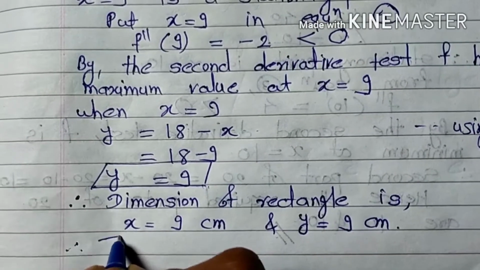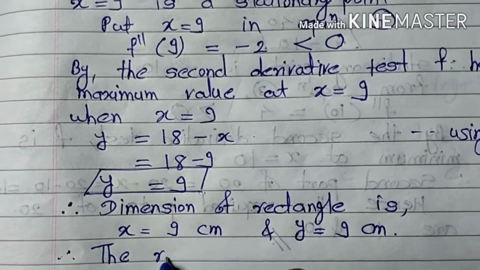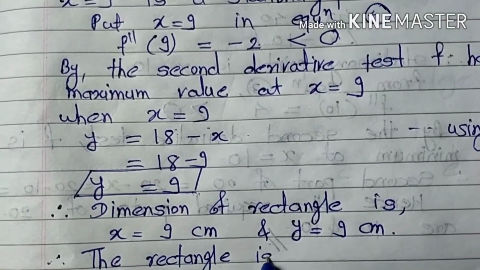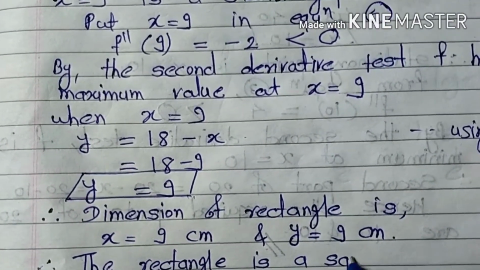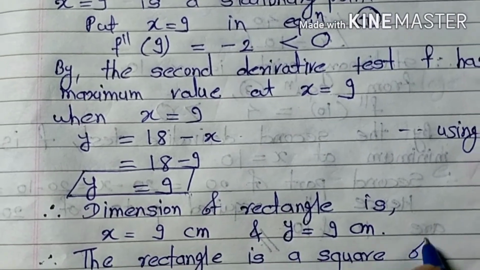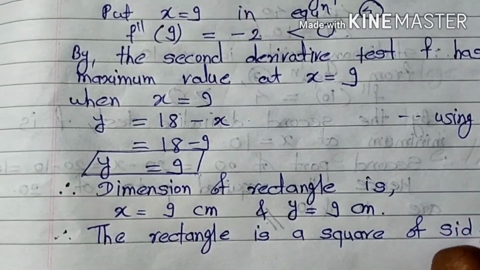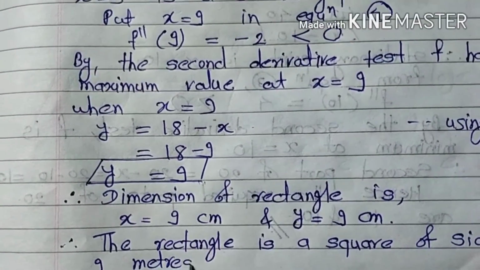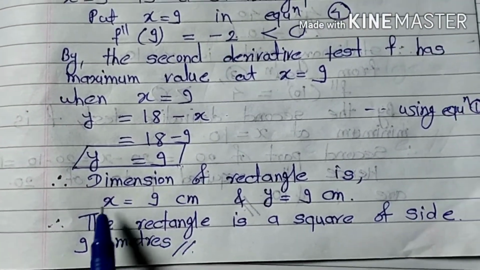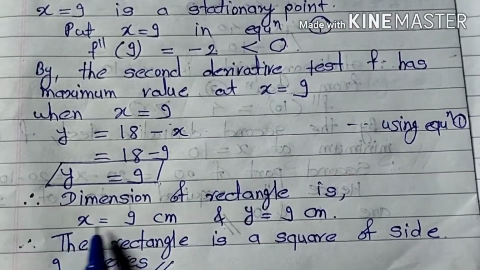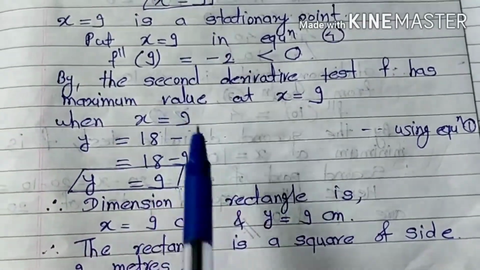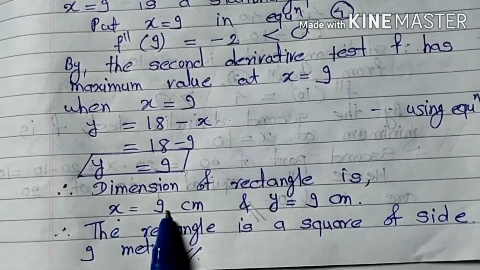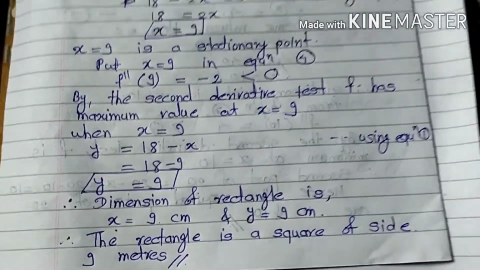Therefore the rectangle is a square of side 9 meters. So this is the solution of this equation. We have to find a dimension, x equal to 9 and y equal to 9.